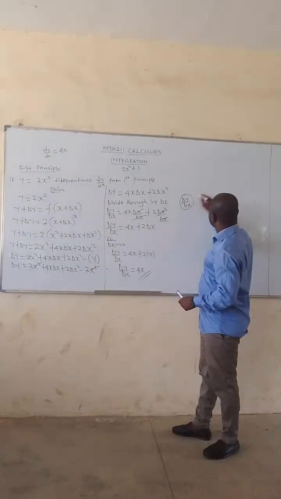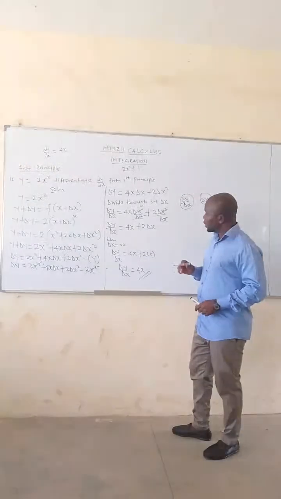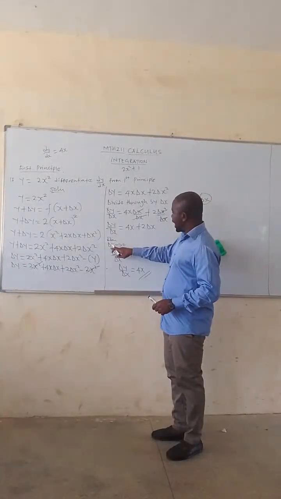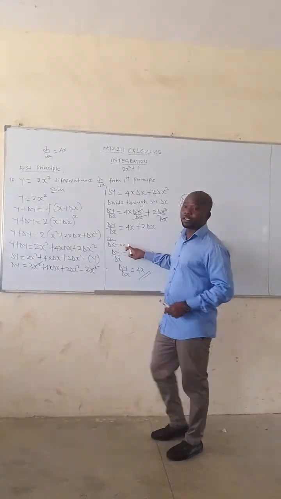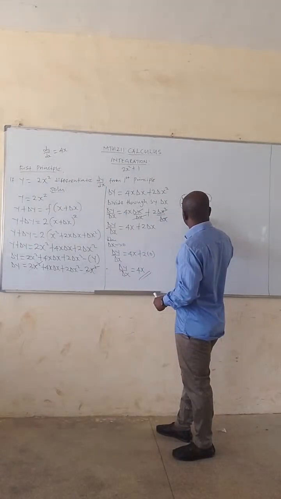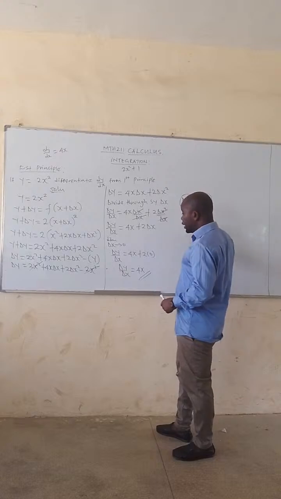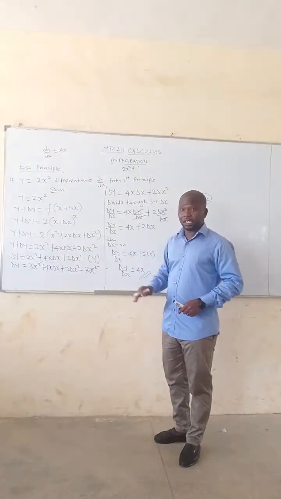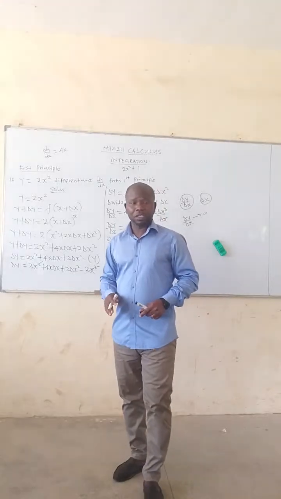These two things are not the same. According to the limit, as dx tends to 0. Supposing the limit says dy all over dx tends to 0, that is where you can substitute. Take note. Is that clear? Please, it's very important.